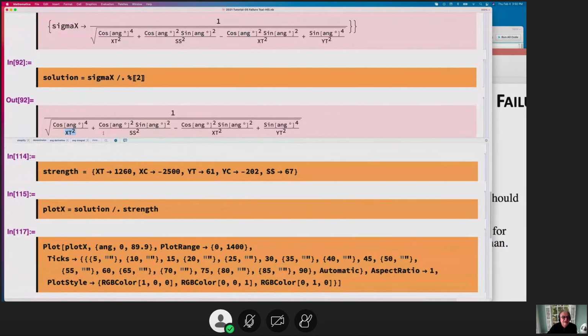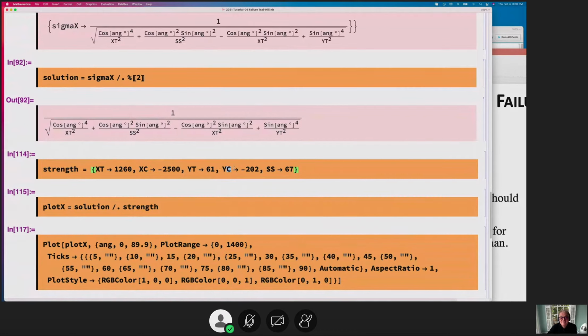Here I need the values of strength, XT, YT, SS, but typically I also do XC, YC, and SS. And I do this as conditions, that XT has a value of 1260. I didn't use any units, so we have to use some units.